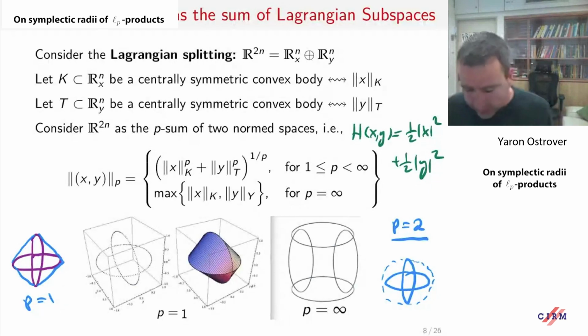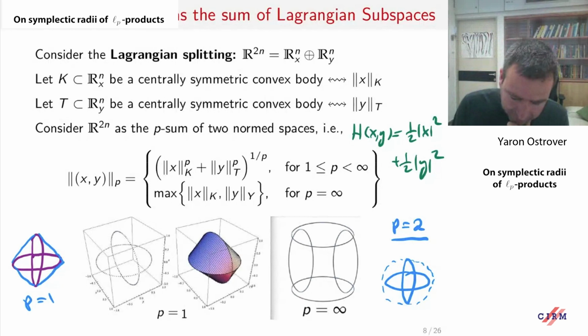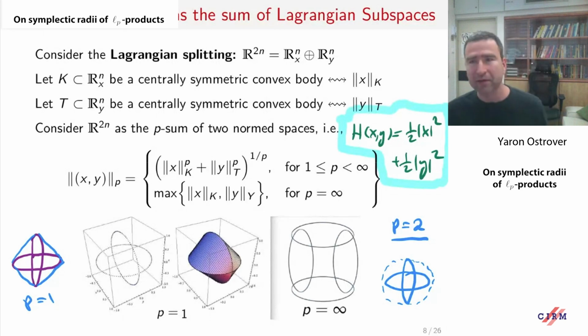Okay. So again, going back to this example of the harmonic oscillator, one way to think about the harmonic oscillator is the 2-sum of a ball in the X space and another ball in the Y space.